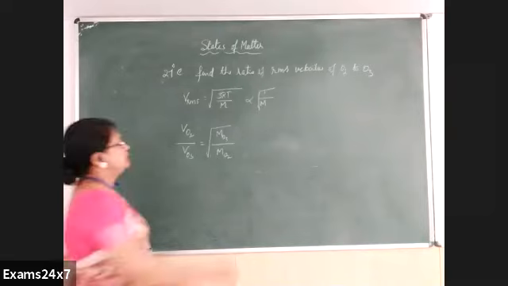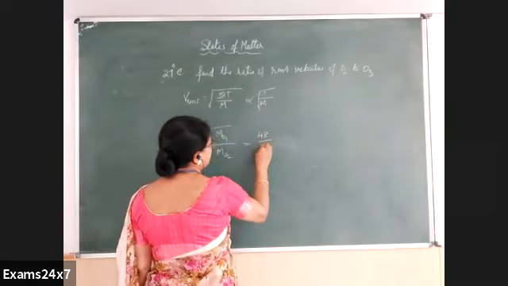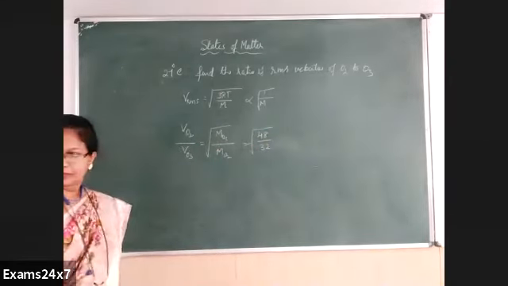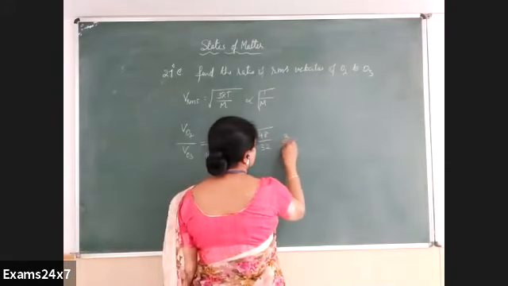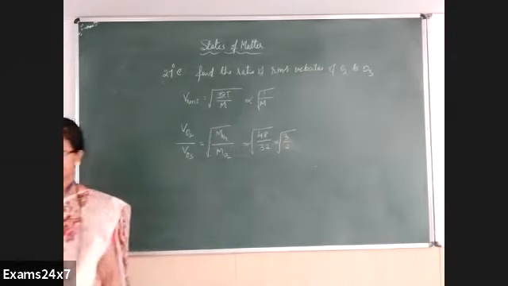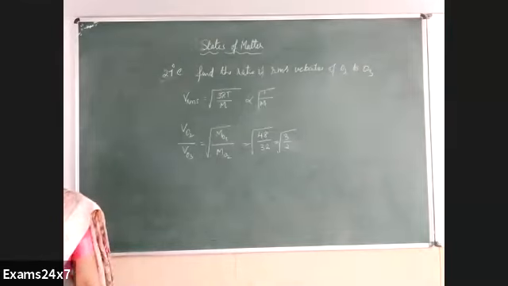That will be 48 divided by 32, which is 3 by 2, that is 1.5. Square root of 1.5. Got the answer?